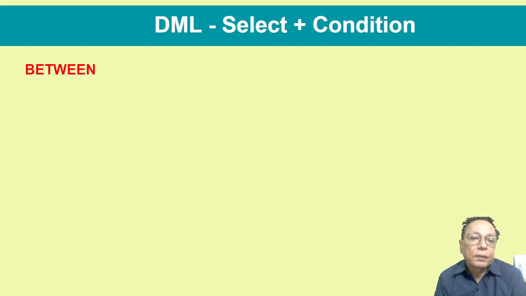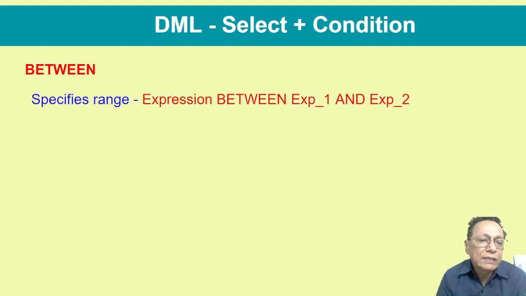In addition, apart from these logical and relational operators, we have some more conditional operators, like between. Here it specifies a range: expression between expression 1 and expression 2, meaning the values of the expression which lie between expression 1 and expression 2, inclusive, will be selected.